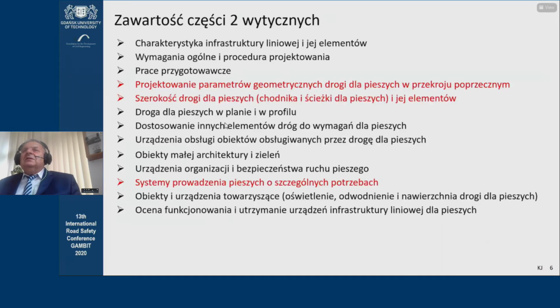Also the width of the pavement. The content here is quite rich. There are a lot of guidelines. I'll focus on the main ones.